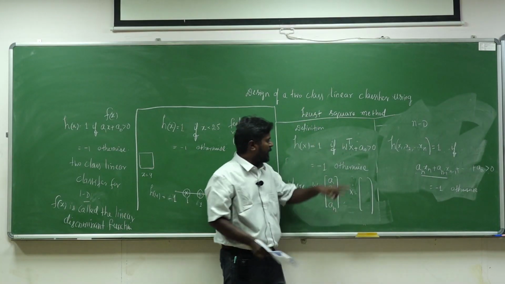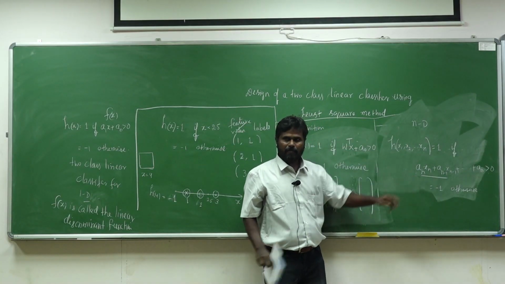When you take the dot product between this and this, it should come out like this. Is this correct?